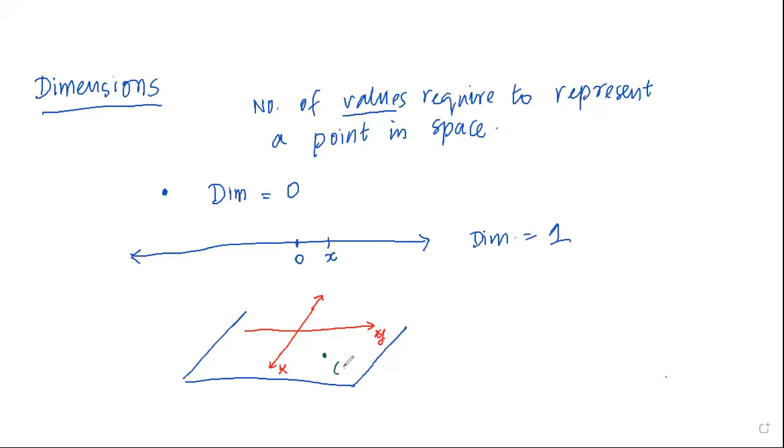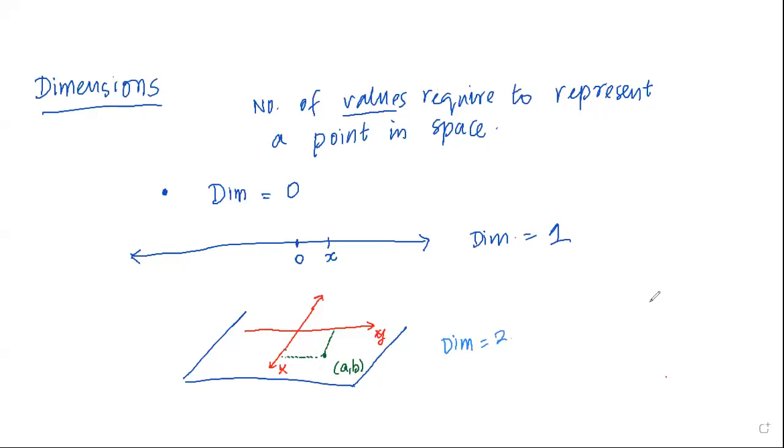Let's suppose A and B. I know that these 2 real numbers are the distance of this point from the x-axis and the y-axis. Yes, this is the shortest distance, you are right. So in a plane, I need 2 values, so the dimension is 2.